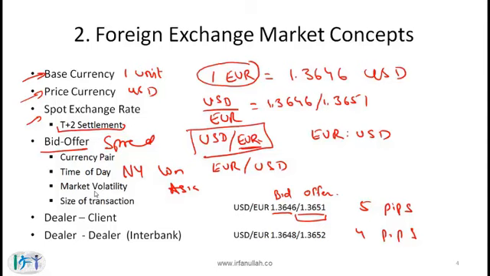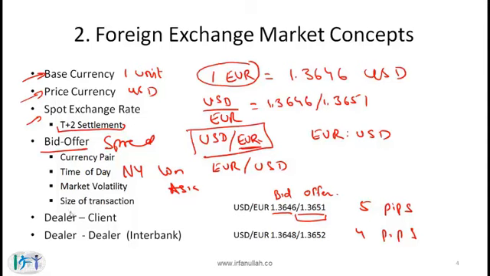Market volatility. If FX market volatility is relatively low, then the spreads are low. If the market volatility is high, then the spread is relatively high. Size of transaction. The spread is high if the size of the transaction is relatively large, and the spread is low if the size of the transaction is relatively low.